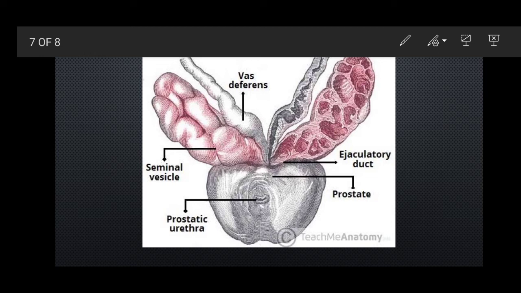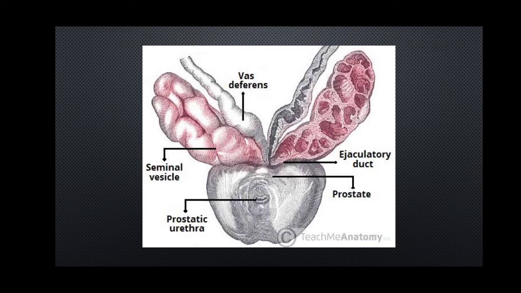And oh yes, I failed to mention one thing. The seminal vesicle is also responsible for secretion of fibrin protein, because it does coagulate the entire seminal fluid, the semen actually. And the prostate is responsible for secretion of fibrinolysin, which breaks those fibrin whenever it reaches inside the ovum, I'm sorry, I mean the uterus.